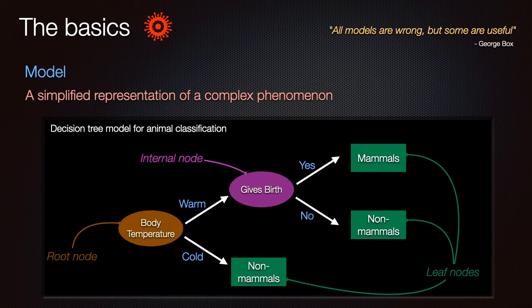Another basic term that we'll talk about a lot is the term model. A model is a simplified representation of a complicated phenomenon or event. Again, this is a very broad term. The type, the size, and the complexity of a model depends on the reason that you're building the model.